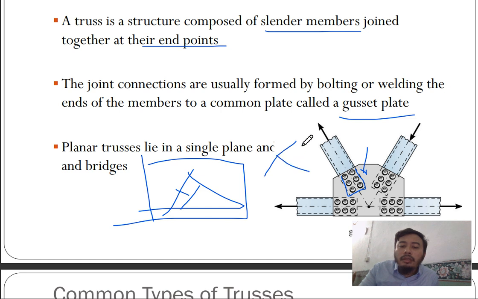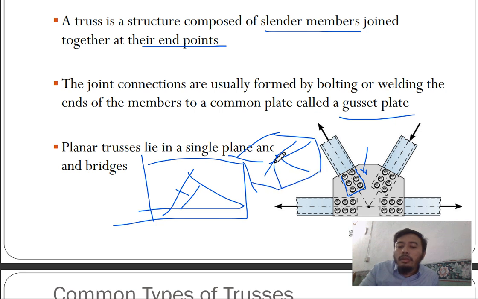If you have ever encountered it on the roadside or on bridges, or usually some stadium, mostly stadium that carries the roof of the stadium, usually use space truss, where it does not lie only on a single plane but on a three dimensional plane.